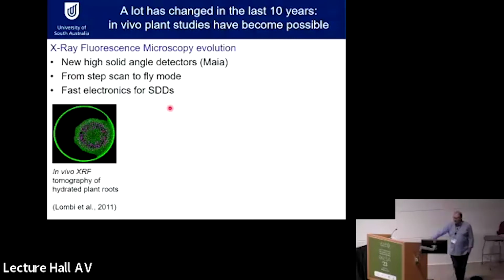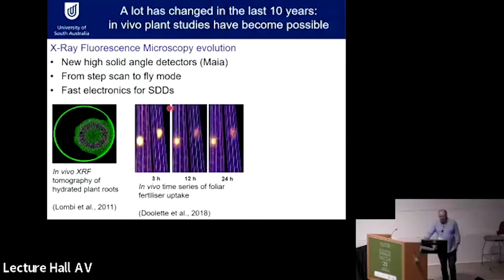It's now over 10 years ago, we did the first tomography in fluorescence of live roots. And then a few years later, we did the first experiment on a live plant, where in this case we were looking at the absorption of foliar fertilizers. And these are exactly the same leaves scanned after 24 and 48 hours.